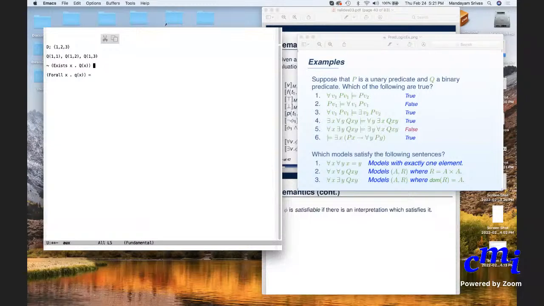If that has to be valid, the negation of that is that for every x, it should not be the case that q of x is true. So this is equal to negation of this one.